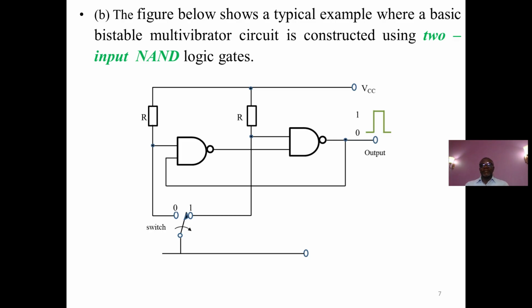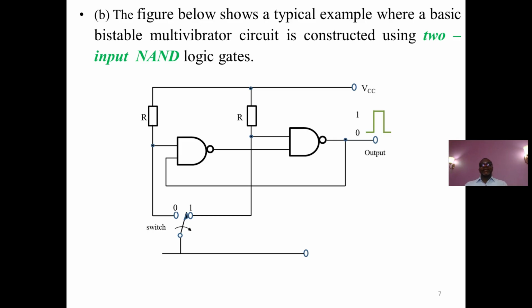Now, we're saying that this switching can be automated, and depending on the time lag of switching from 0 to 1 and 1 to 0, you can now have different time constant pulses but they remain stable as they are.